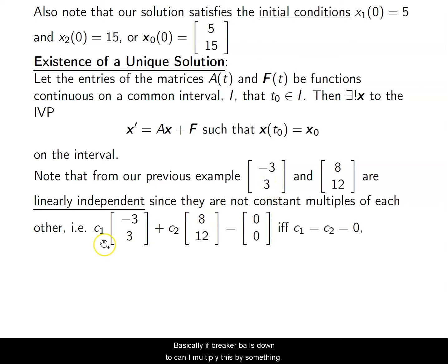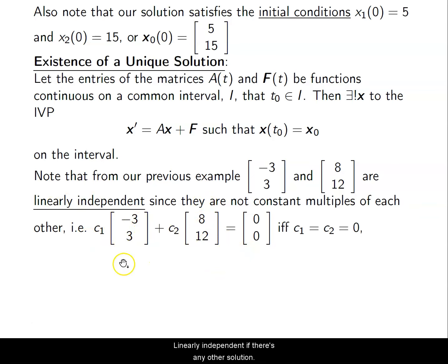basically it boils down to, can I multiply this by something and multiply this by something and add them together and get 0 out? If that's true, they are not linearly independent. If the only way for me to multiply this by something and multiply this by something and add it together to get 0 out is if the thing I multiplied by is 0, then it is linearly independent, right? So if the only solution to this is by multiplying this by 0 and this by 0, it's linearly independent.